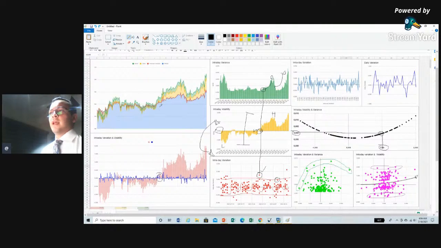On this one, at last, I just have the representation of all the variables. The blue one is the price. Then the red one, which is this one very close to price, is the variations. And here the yellow is the volatility and the green is the variations.